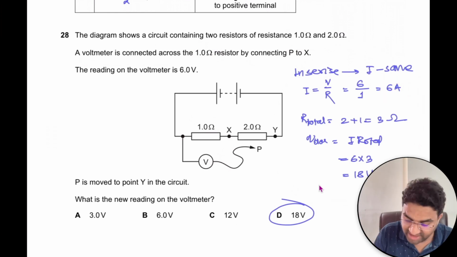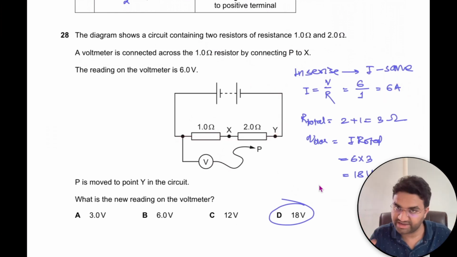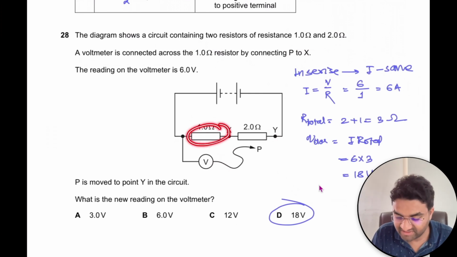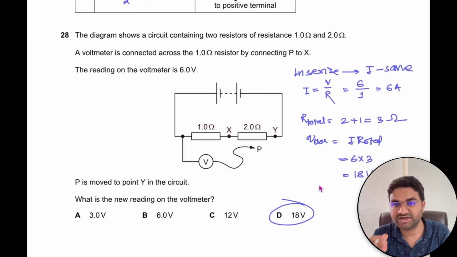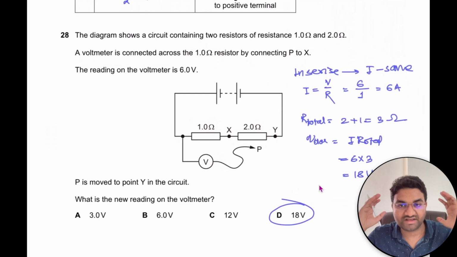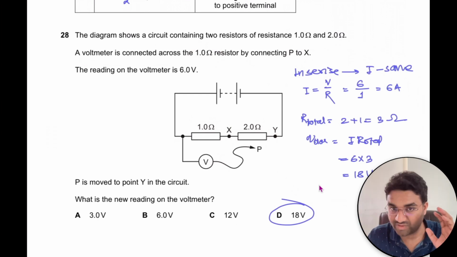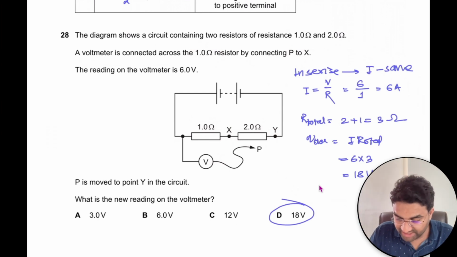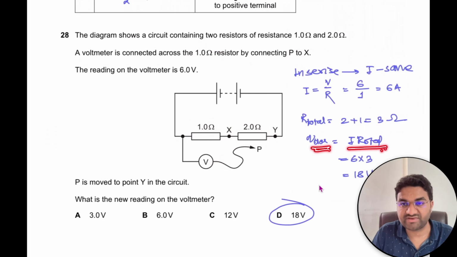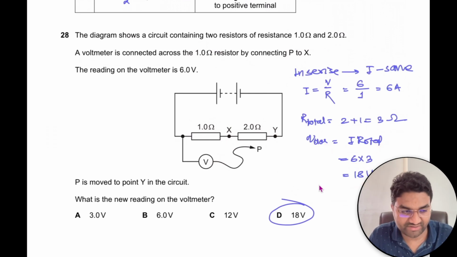And this is the same across the whole circuit because these resistors are in series. In parallel, current is different, voltage across is the same. Keep in mind, the difference is very important. Then we can calculate R total, which is 2 plus 1 is 3 ohm. V total is equal to I times R total, which is 6 times 3, 18 volt. We can say straight away.